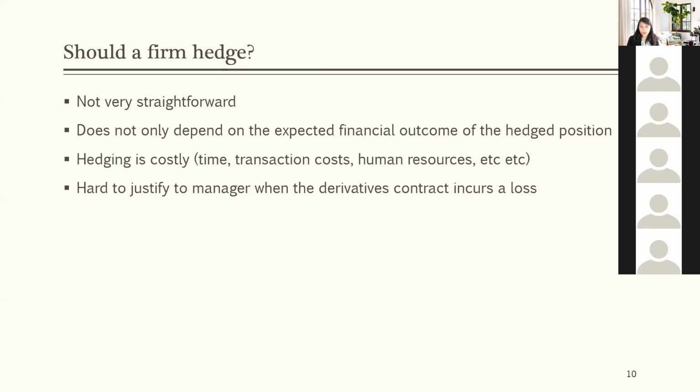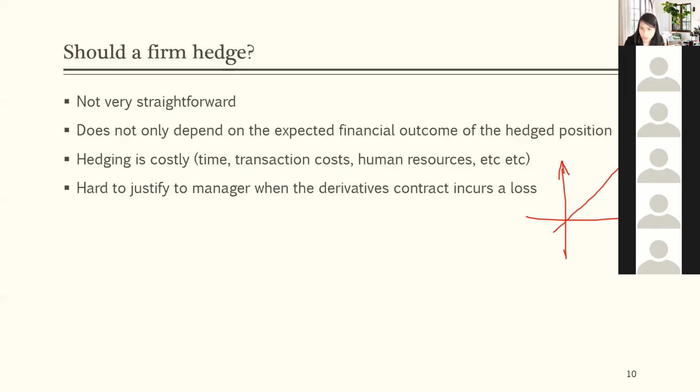Also, if you think about a practical consideration of a risk manager, so let's say you're in charge of managing the exchange rate risk of a big company. Normally when the financial derivatives contract makes a gain, it's very easy to justify, right? For example, in this case, let's say this is our account receivable.